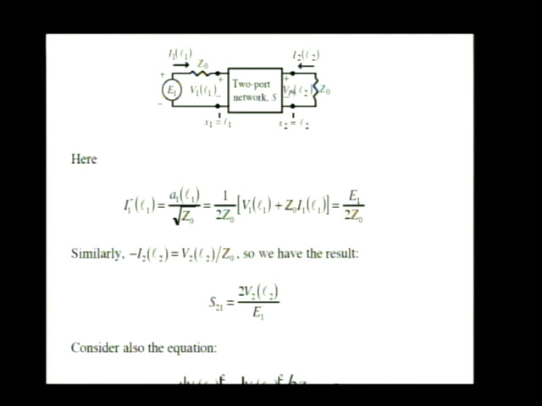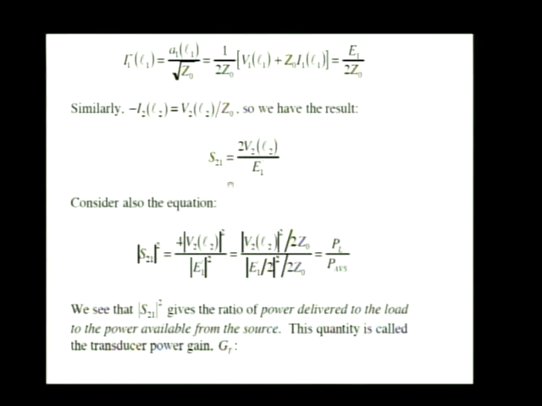Use circuit analysis to calculate V2, the voltage at port 2. That voltage at port 2, of course, will depend on what the voltage E1 of the source is. Well, to find S21, take that voltage out of port 2, multiply it by 2, and divide by E1. That will eliminate the dependence on the source voltage, and you'll end up with a pure number. Complex number, but a pure number for S21. I'll do that as an example as well.